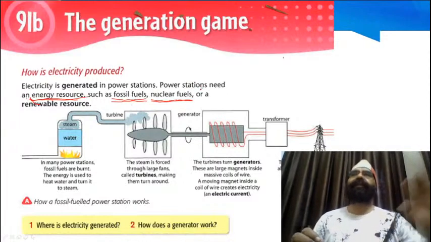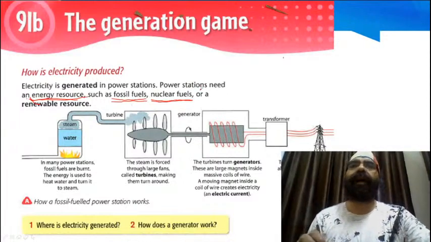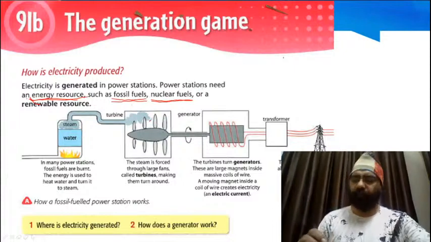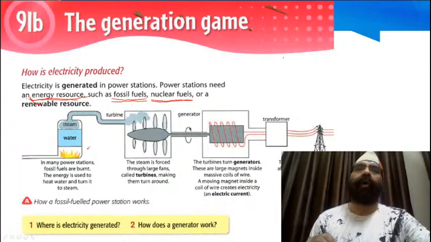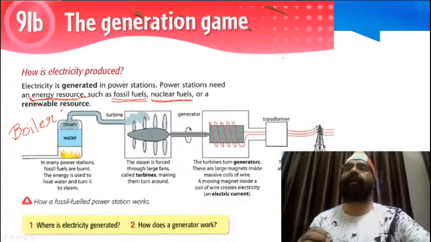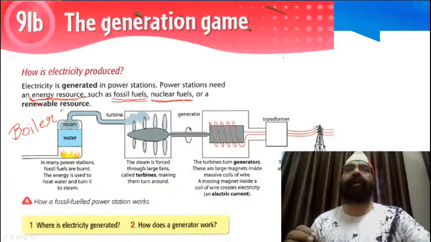So now let's have a look at how these resources are changed into electrical power. The basic thing, all of these plants have a boiler. A boiler is used to boil water, to heat up water. If I boil water, what does it change into?